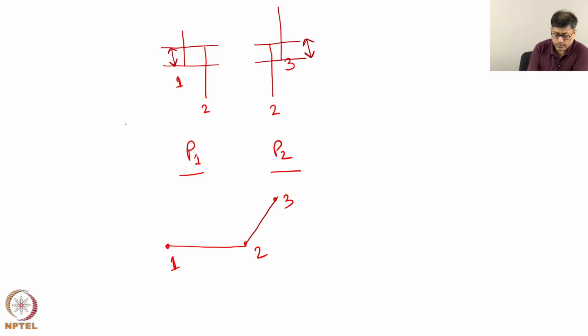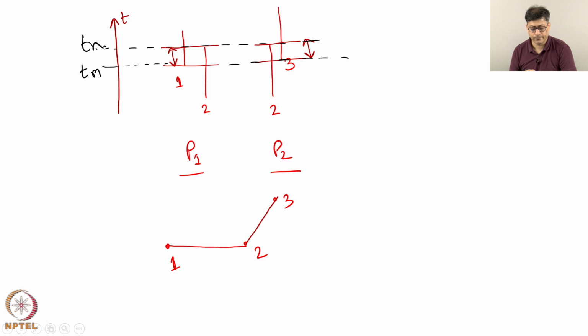Now, if I put the absolute time scale over here, we find that indeed there is a time span from Tm to Tn where 1 and 3 existed on the earth, but not found in any section. Let me write down.